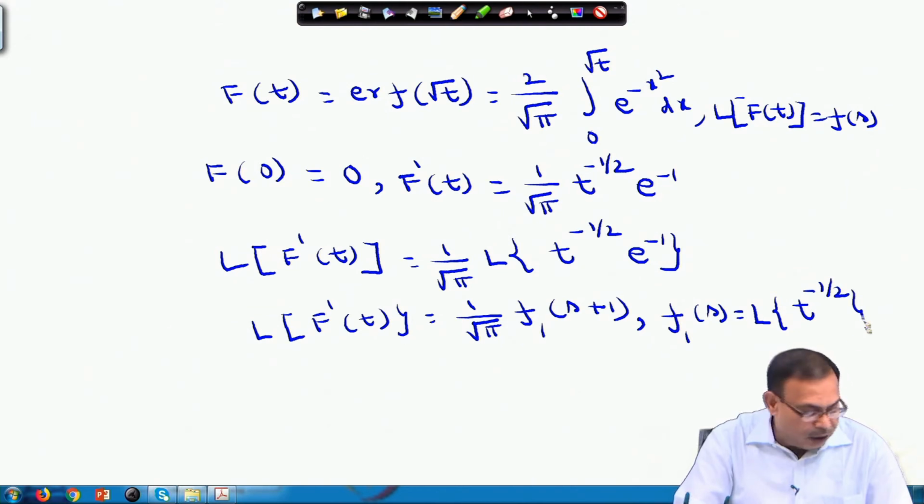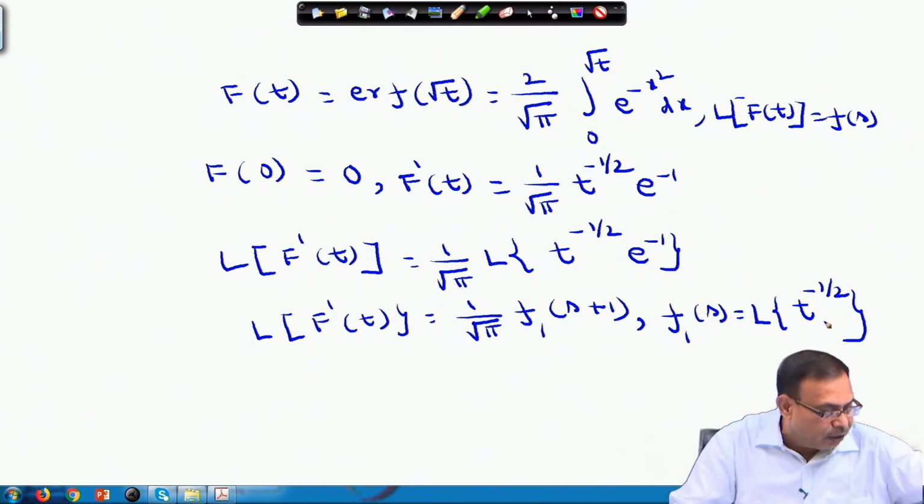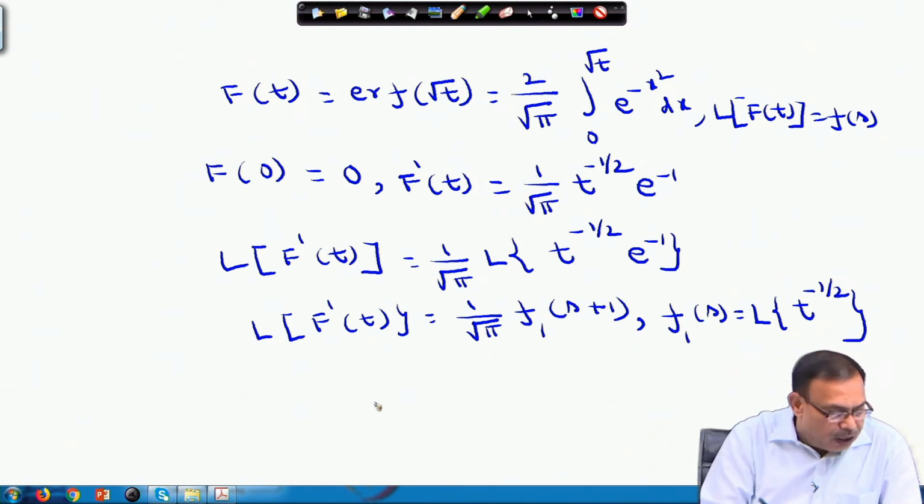F 1 will be the Laplace transform of t to the power minus half. So, I have to find out basically this one. So, once I am obtaining this, the Laplace transform of f dash t equals 1 by root pi into f 1 of s plus 1, where f 1 s is the Laplace transform of t to the power minus half.